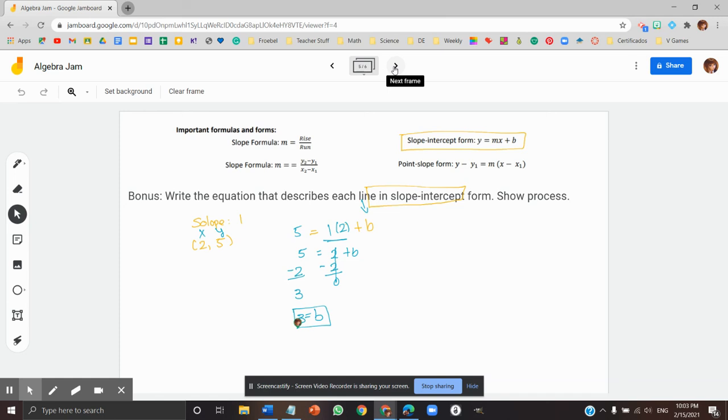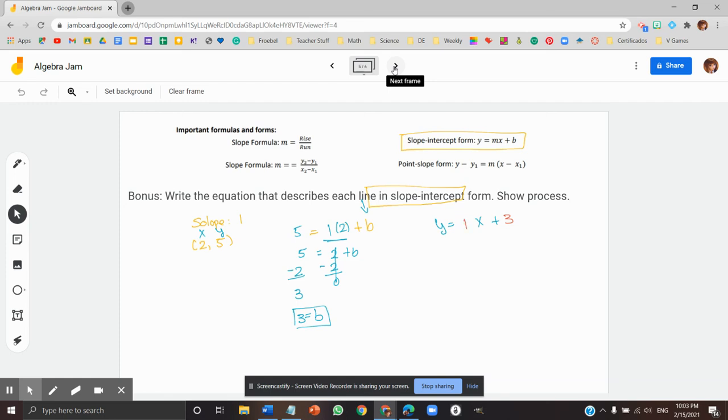I'm not done yet because this is not in slope-intercept form. I'm going to go back to my original formula, y equals mx plus b. Now I have my intercept, that is 3, and I have my slope that was given to me, that is 1.